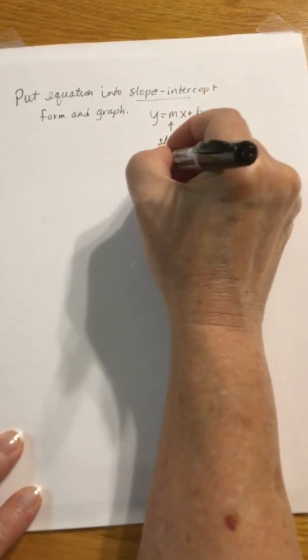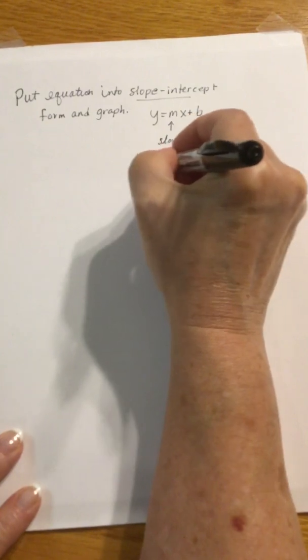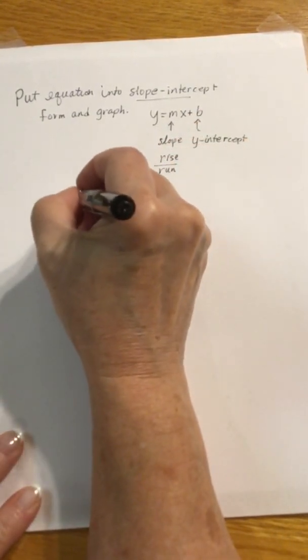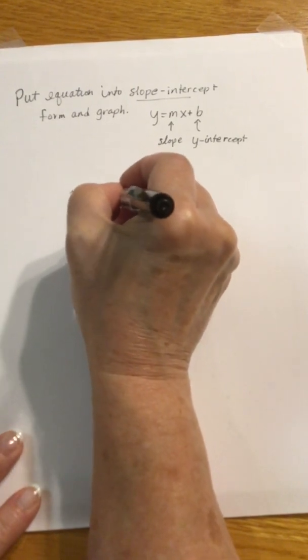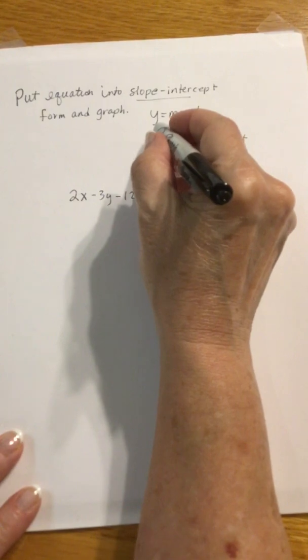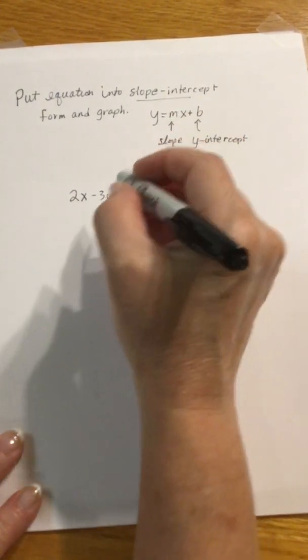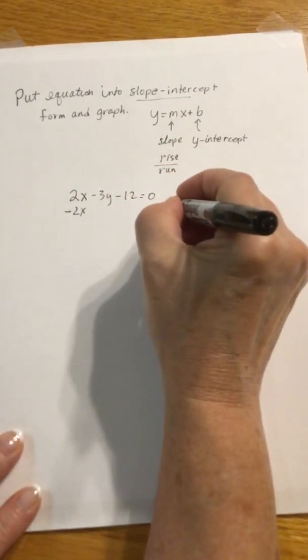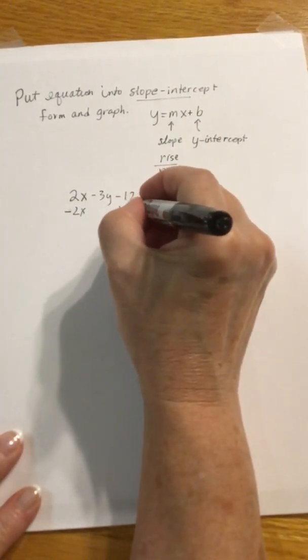It's going to be the rise over run in the graph. So I start out with 2x minus 3y minus 12 equals 0 like we did before, but we're trying to solve for y now to get y by itself. So we're going to add a negative 2x to both sides and a positive 12 to both sides.